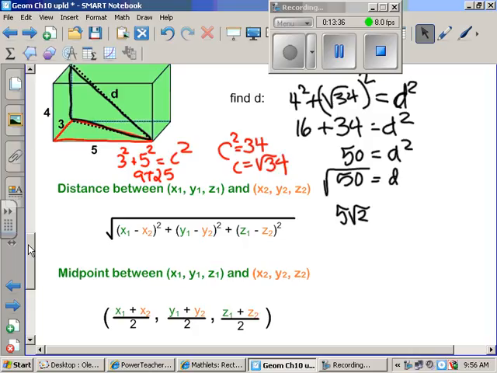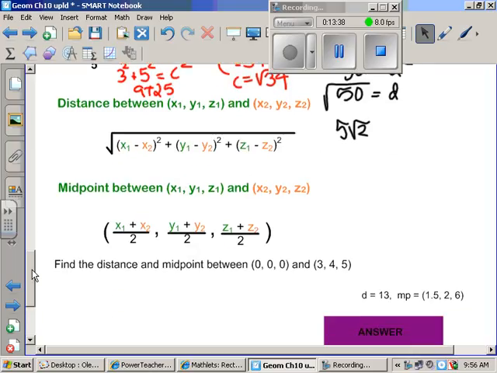All right? And midpoint, same thing. Instead of just doing x1 plus x2 over 2, y1 plus y2 over 2, now we're going to add z1 plus z2 over 2. So take a second and calculate this distance and midpoint, and we can check your answers.